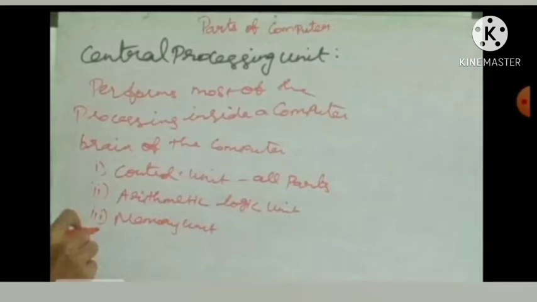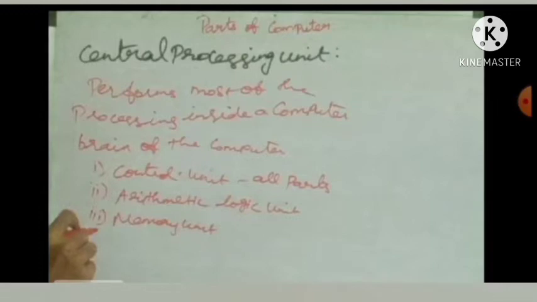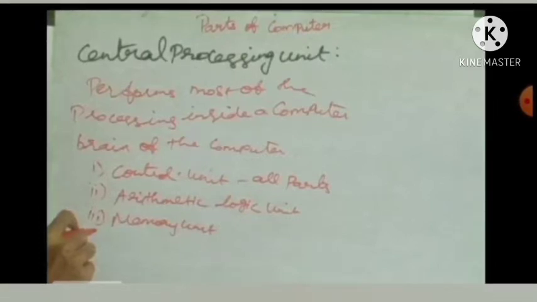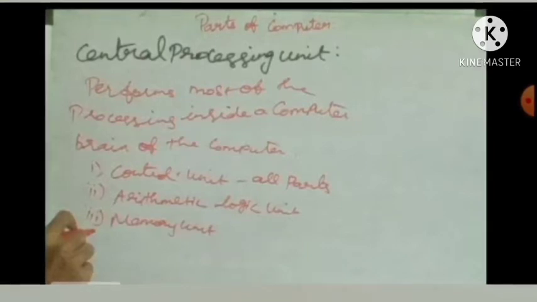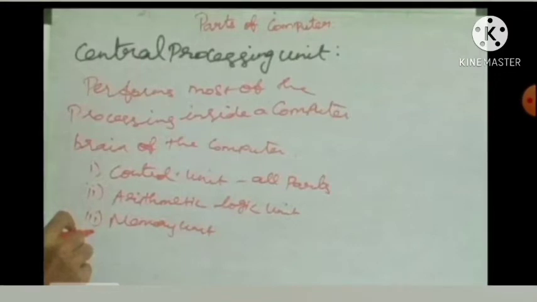And memory unit, the memory unit in the computer is nothing but it is used to store data and information temporarily. And in the memory unit we are having two types of memory. They are primary memory and secondary memory.